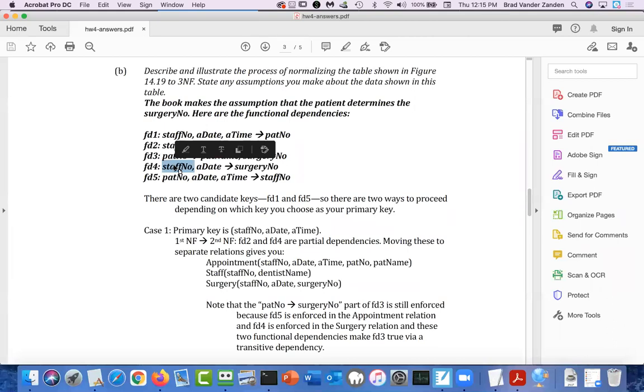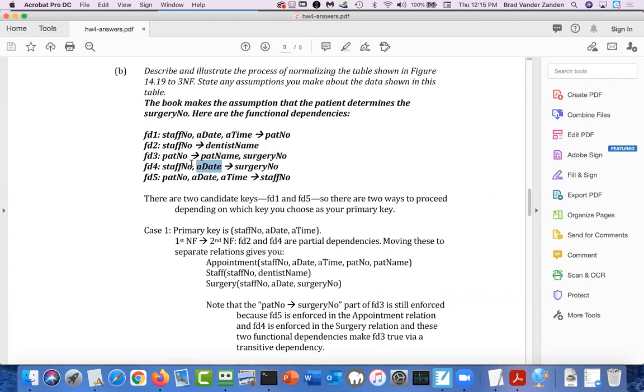In my solution, I treated it as a partial dependency. I said, okay, since the left-hand side involved at least a subset of the primary key, I'm going to treat FD4 as a partial dependency.